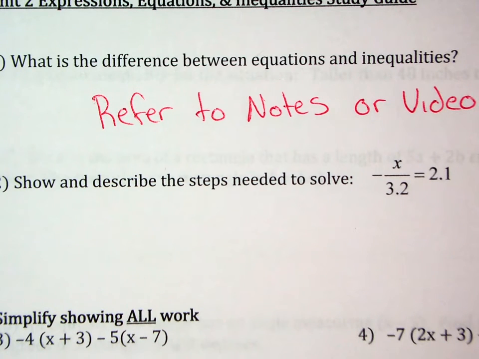Number 2, show and describe the steps needed to solve negative x over 3.2 is equal to 2.1.